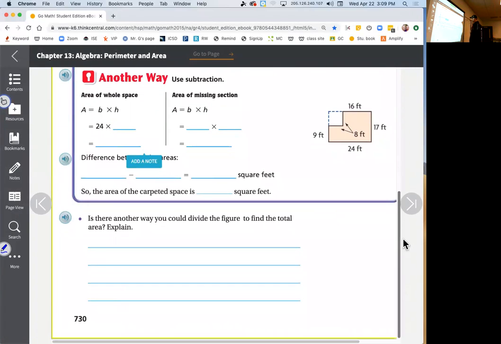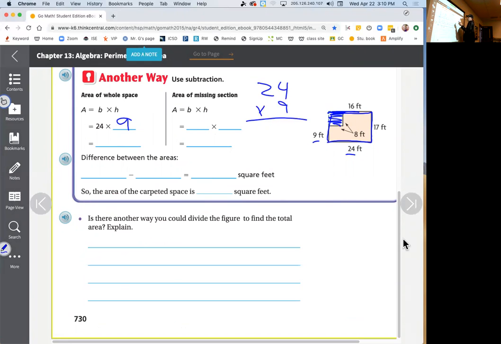The other way we could do is pretend like that's shaded in, one big rectangle. And we know that that's 24 times 9, which is 216.